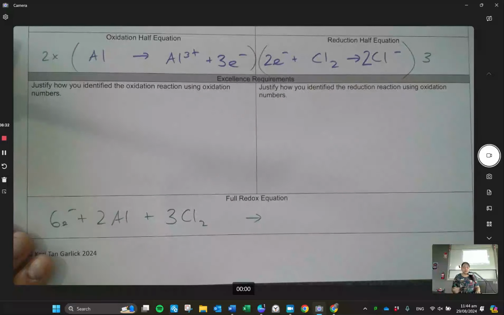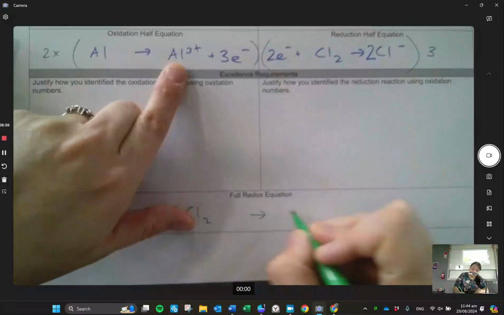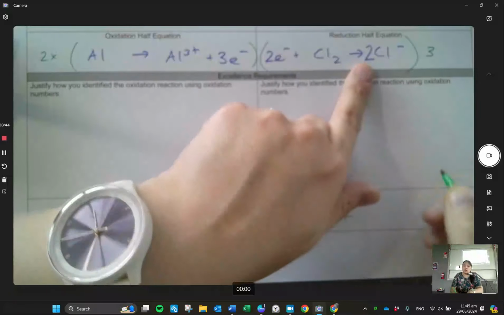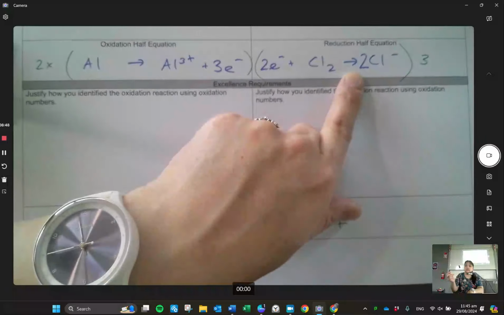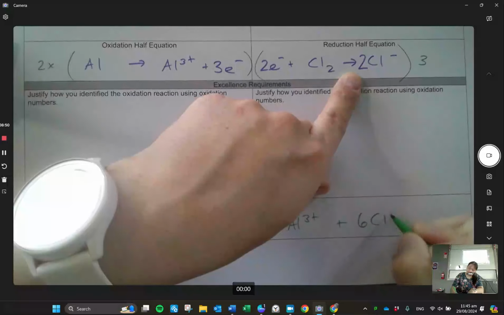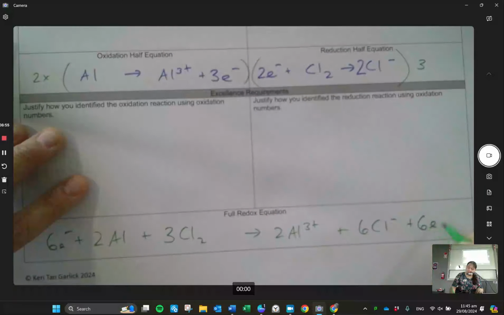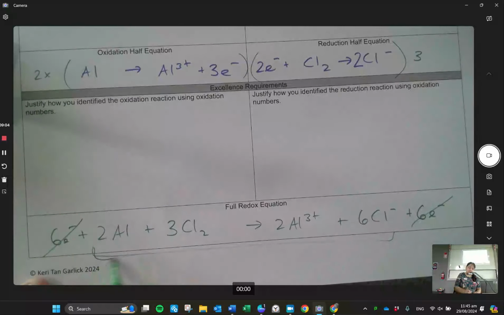Product side: aluminium times 2, so 2Al3+, plus the chloride, 2 times 3, 6. And then you'd have 3 times 2, another 6 electrons, and you'll see the electrons cancel out. That's the whole purpose of doing that exercise. And then this is your full equation.